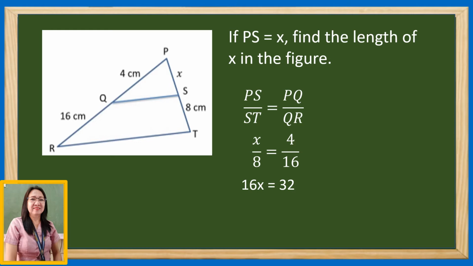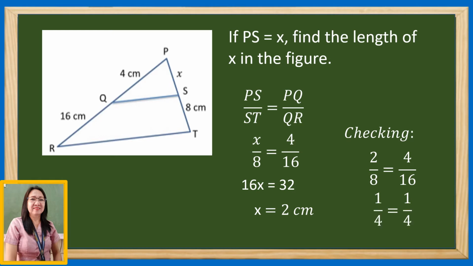Dividing both sides by 16, we will get X is 2 centimeters. So let us do the checking first by substituting 2 for X. So we will get 2 to 8 is equal to 4 to 16. If we simplify this, we will arrive at 1 to 4 is equal to 1 to 4. So therefore, our answer X equals 2 centimeters is correct.